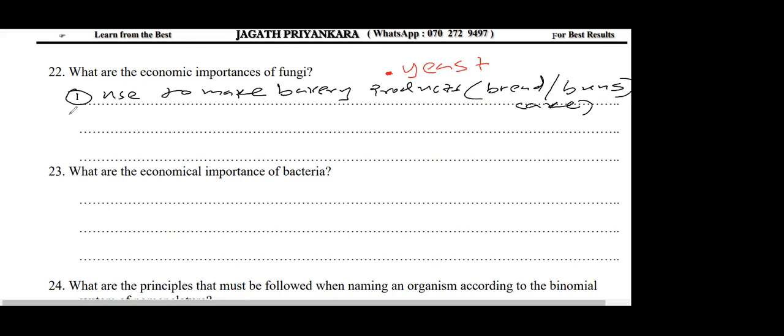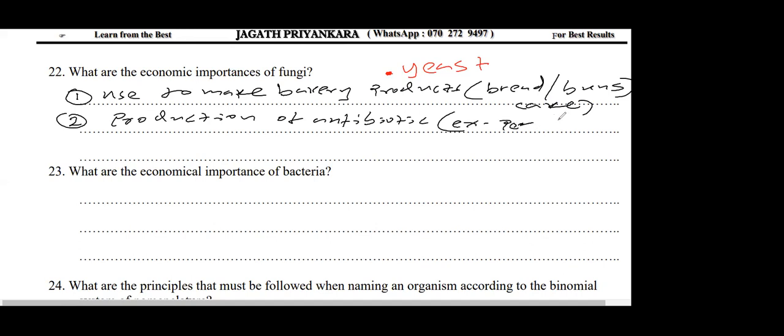Then number 2, the second use of fungus, economical importance: production of antibiotics. Quickly write this, antibiotics. What is the antibiotic? You can write the example penicillin.